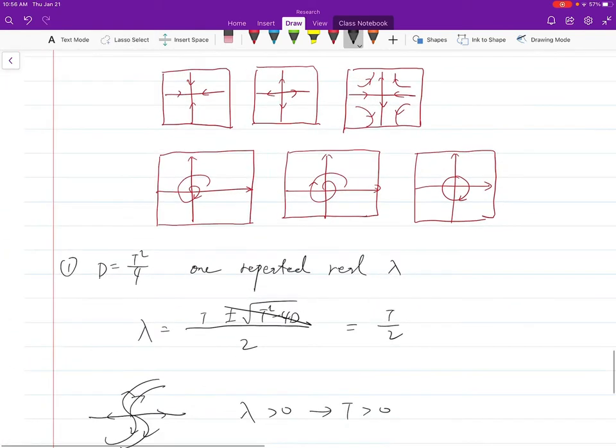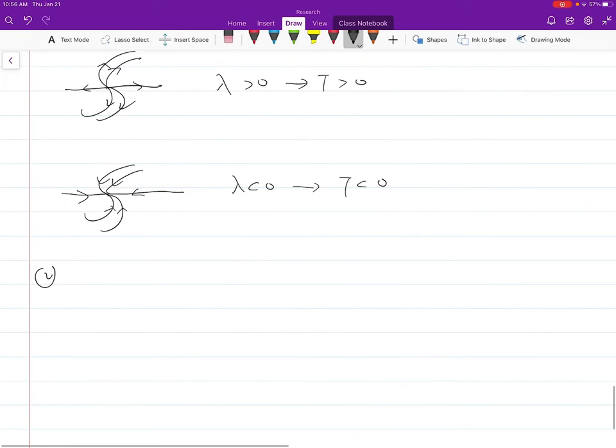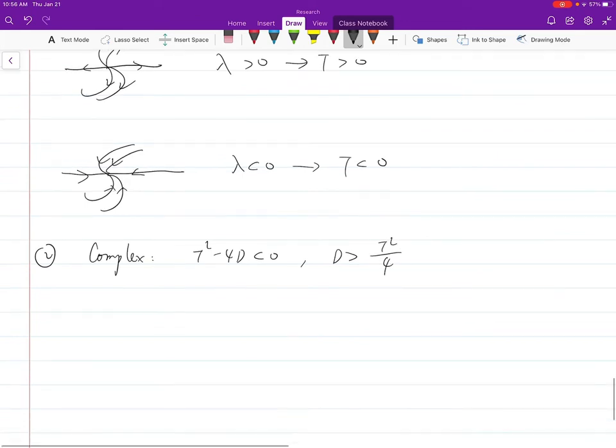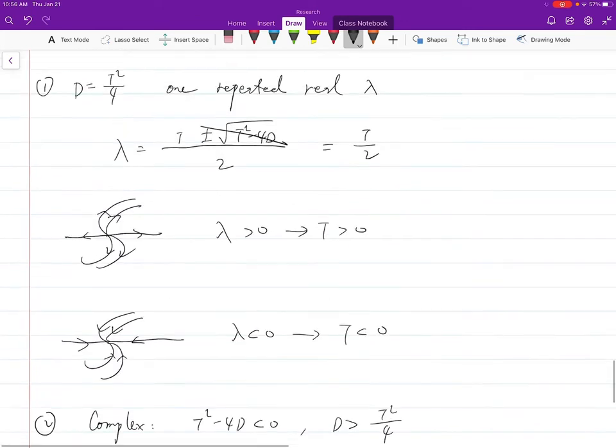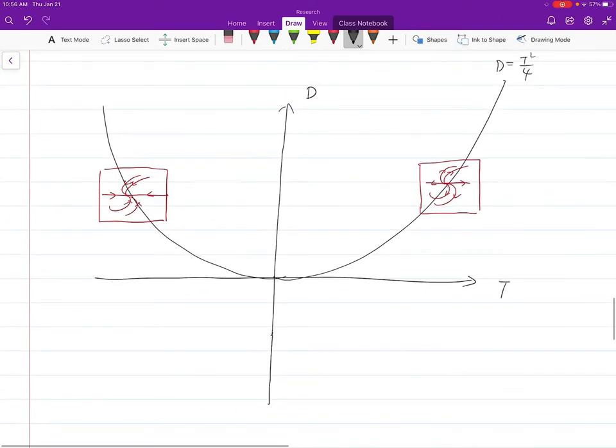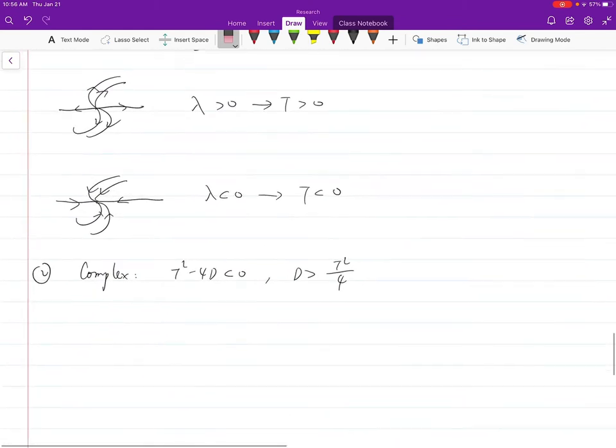Next, let's do the complex. That requires t squared minus 4d is less than 0, which is above. So that is the same as saying d is bigger than t squared over 4. Okay, above the parabola. So it goes roughly here. Okay, so which case do we have? Let's go back and look at lambda again.